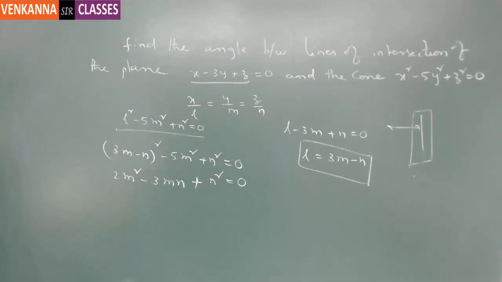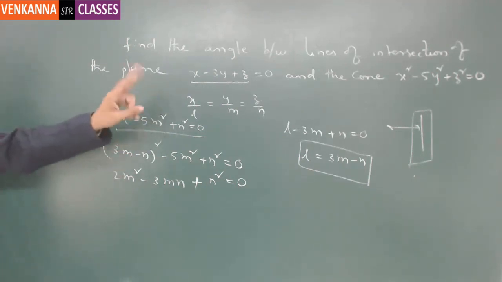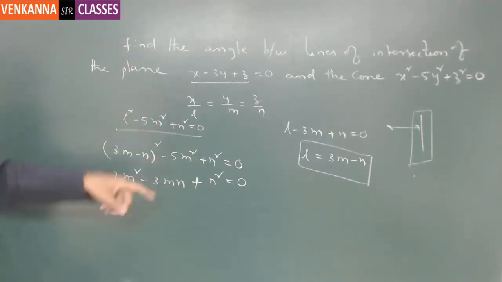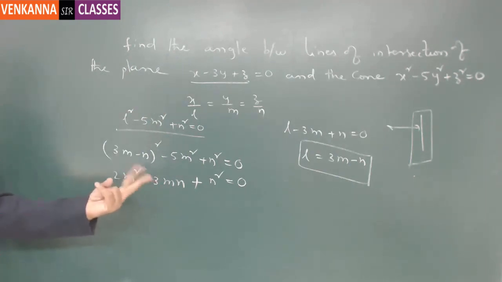Now I am going to factor this one. Why am I factoring this one? Because you have two lines of intersection, so this will give two factors for us.